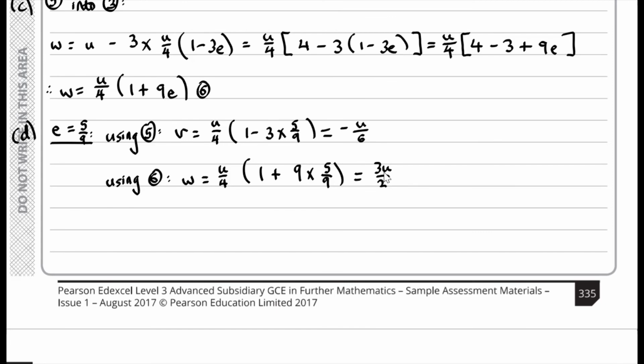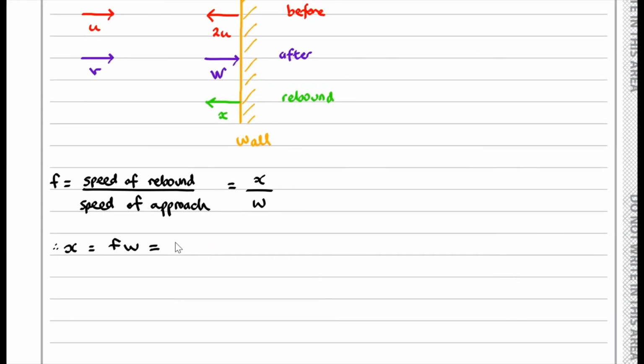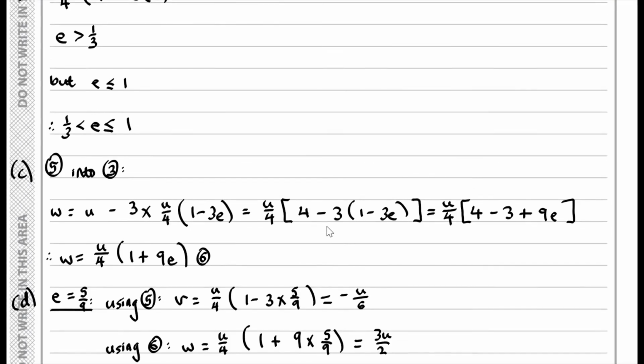We found w to be 3u over 2. So we have f times 3u over 2. So we have x, which is equal to 3fu over 2.